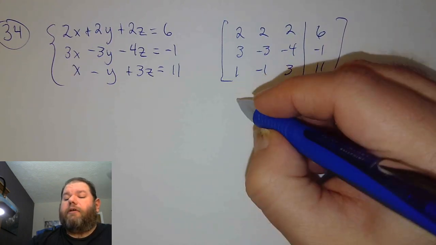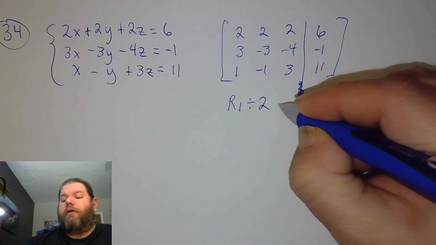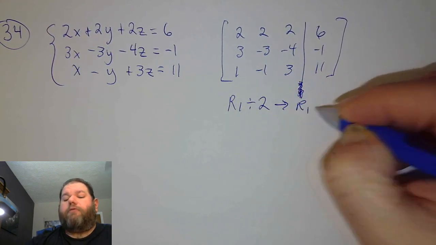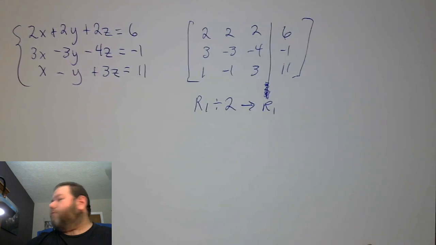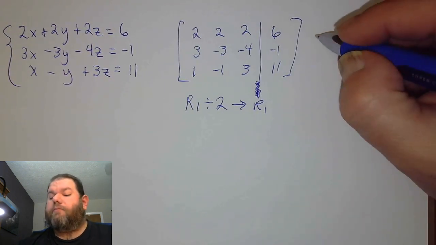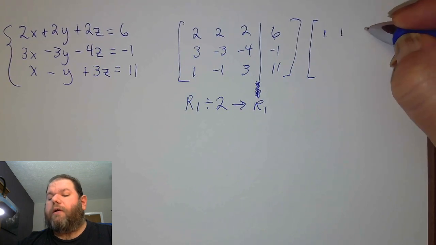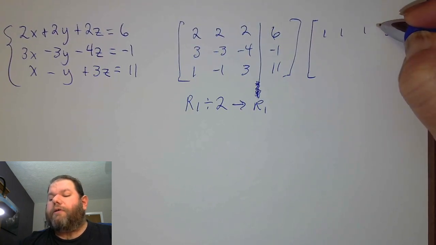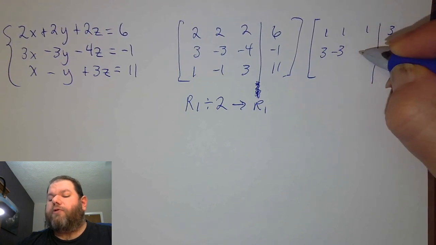So we can take row 1 divided by 2 and replace row 1 with the answer. 1, 1, 1, and 3. Then the other two rows do not change, so we'll just rewrite them.